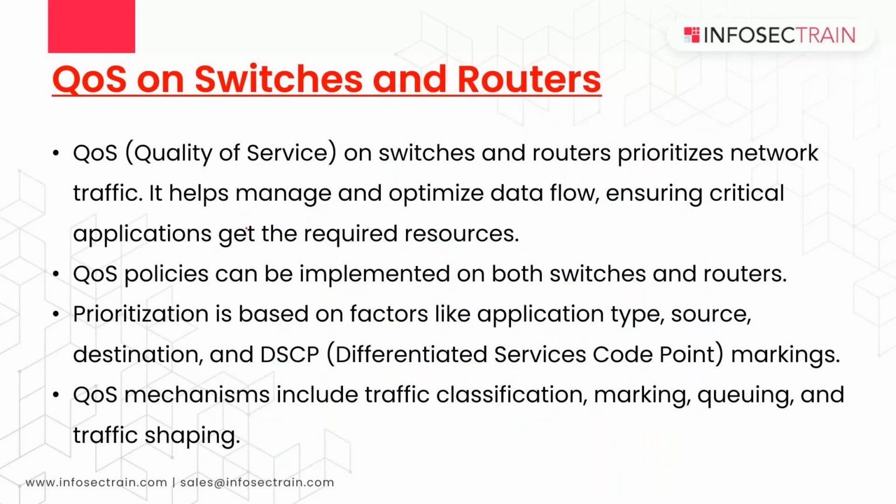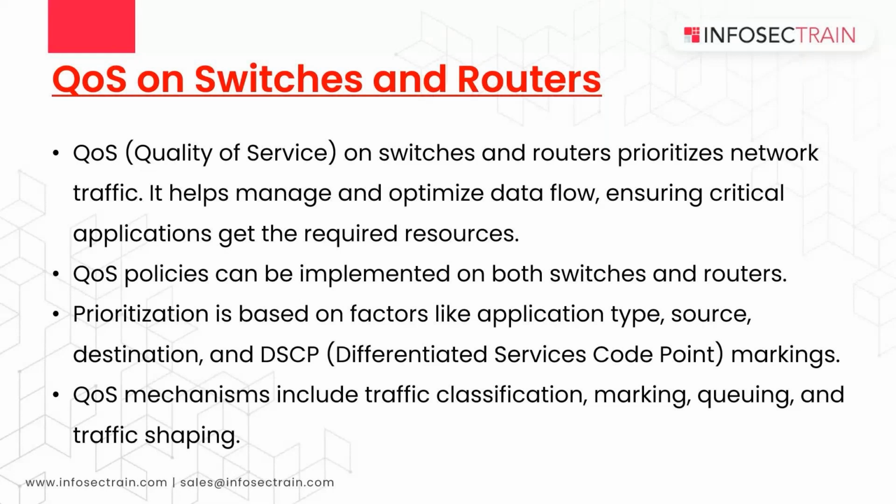Now, when we are talking about QoS on switches and routers, how does it work? What quality of service does on switches and routers is help you manage and optimize the data flow, and it will prioritize the network traffic, right?